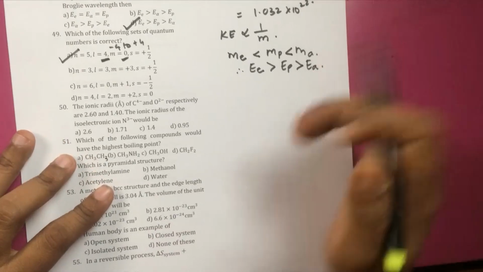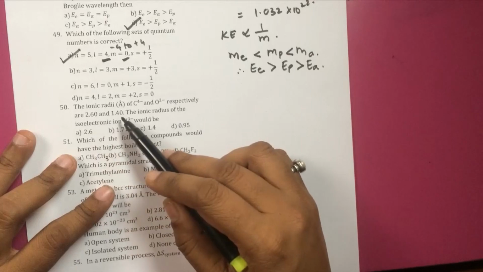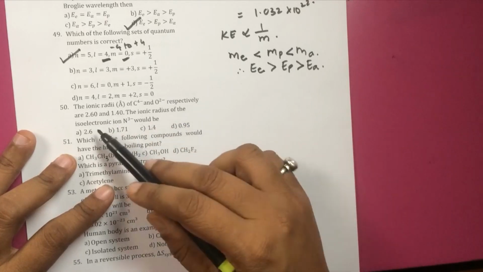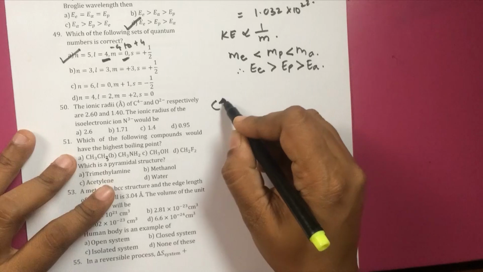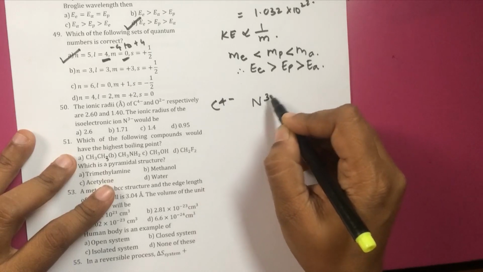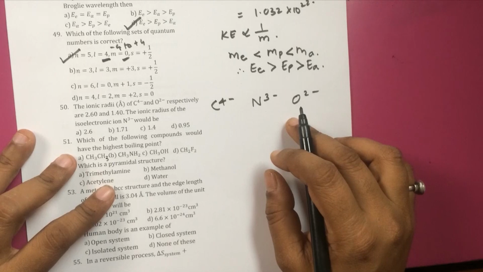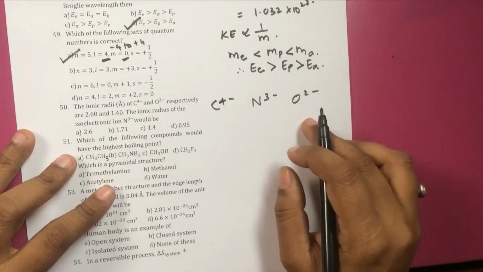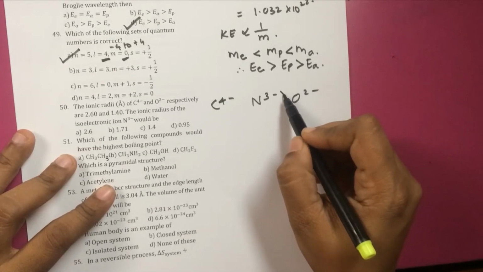Question number 50. Ionic radii of C4 minus and O2 minus respectively are given. They have asked the ionic radius of N3 minus. Now C4 minus, N3 minus and O2 minus are isoelectronic species. And according to the rule, with an increase in the nuclear charge, the ionic radii decreases.